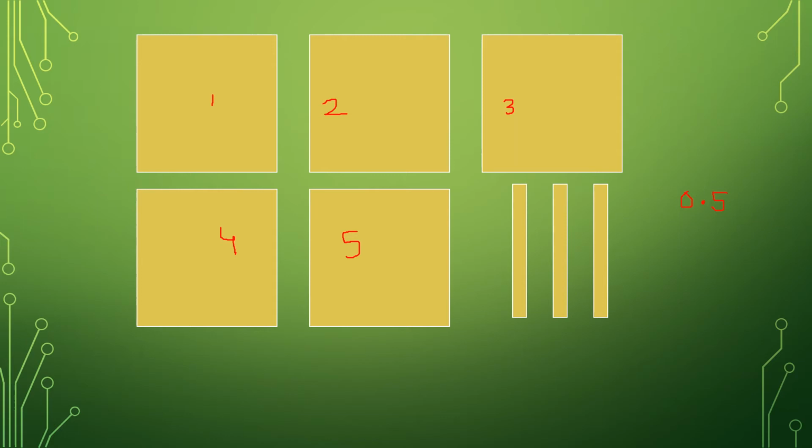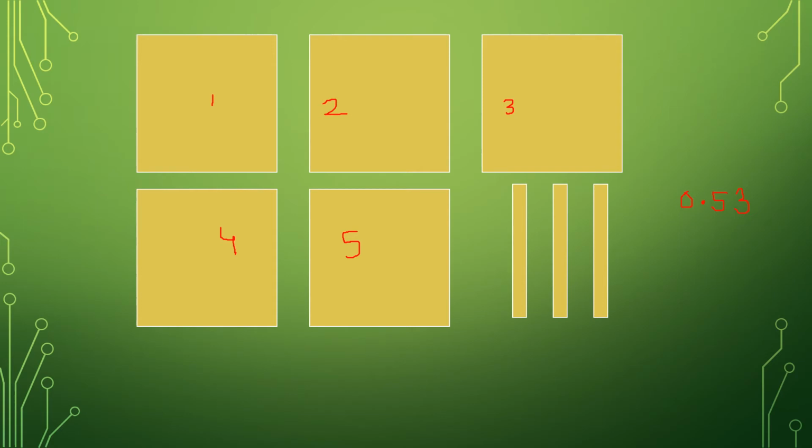Now these are representing the 100th part. And how many are there in all? 1, 2, 3. So it is 0.53. Now let us revise our naming of decimals, which we have already done in part 2.